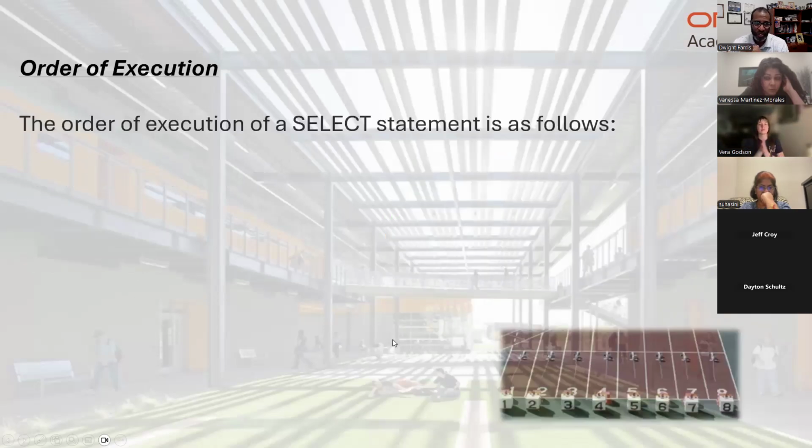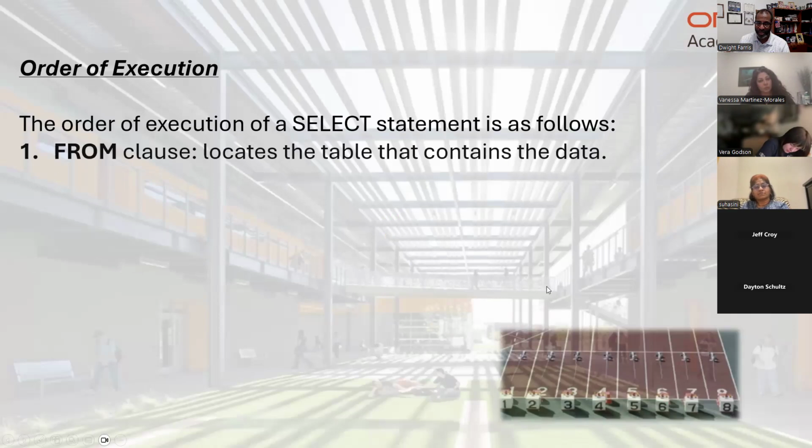All right, as far as order of execution, and this is important, we saved this for a little bit later because now we've introduced some clauses in addition to our select statement. You really need to know how your system reads when you type in that select statement. How does it actually read it? It actually reads the from clause first, because it's going to look to see if that table exists. So this locates and validates the existence of the table.